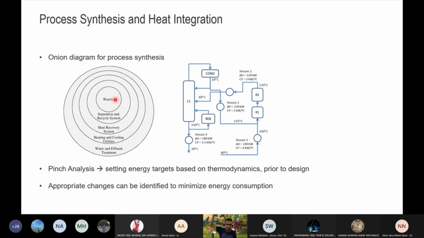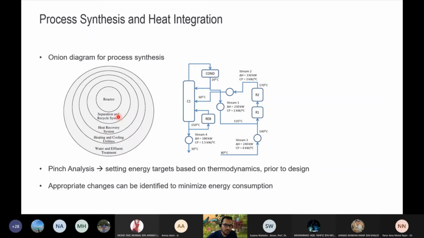We know the kinetics, and from the kinetics we design how big the reactor is, how much conversion we allow, what the selectivity is, and in the end what the unreacted raw materials are and how much byproduct there is. All of those we use to design the separation and recycle system.